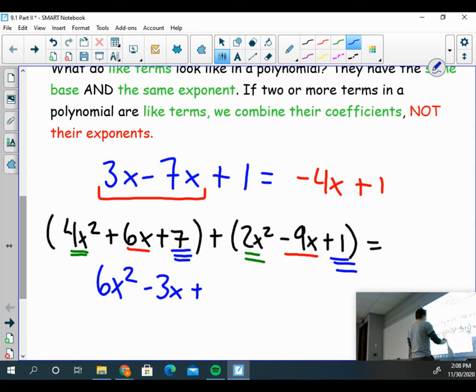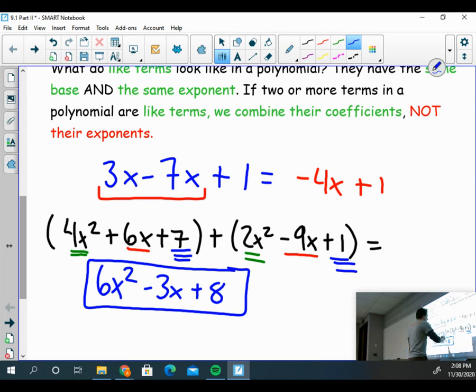And when I combine those together, I get positive 8. So to simplify the algebraic expression I have here, I'm going to combine the like terms, specifically the terms that have the same base and the same exponents. And when I do that, I get 6x squared minus 3x plus 8. Okay, with that in mind, let's move on.